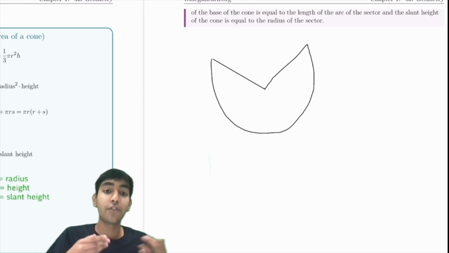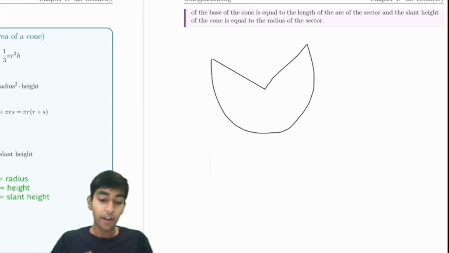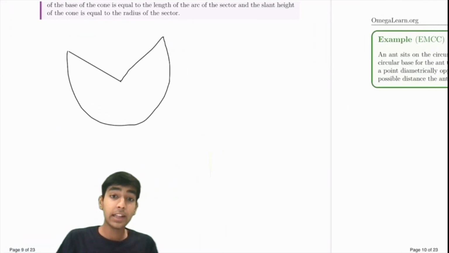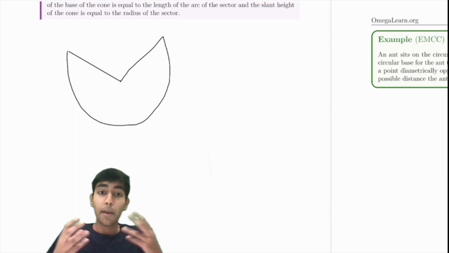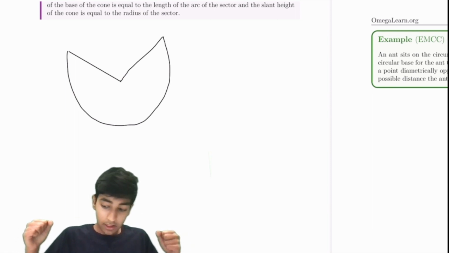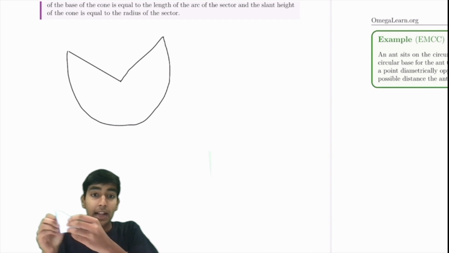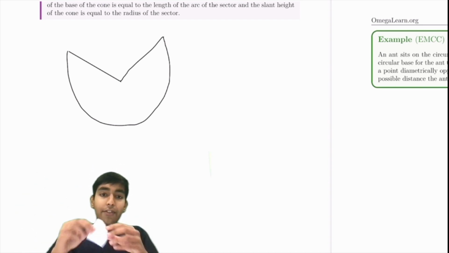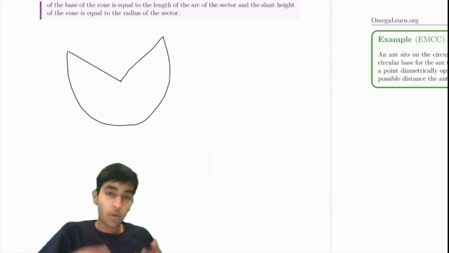We can easily derive the formula for the surface area of a cone from this sector. Okay, and the angle of the sector will depend on the dimensions of the cone. If it's a more thin-shaped cone, the sector angle will be a bit smaller, like this one. If it's a more wide, flat cone, then it will be more like the one I drew over there.